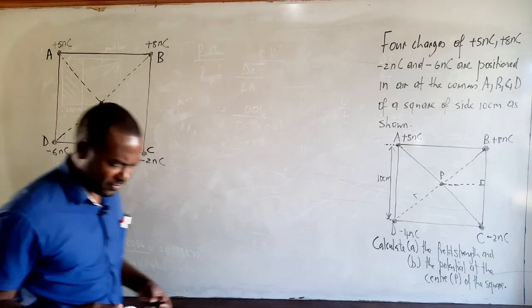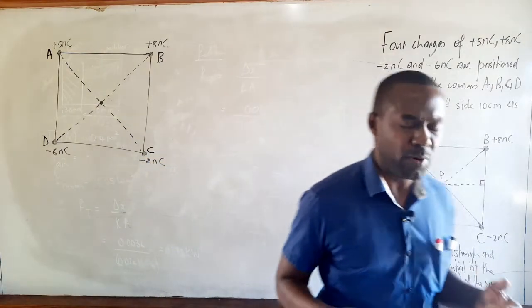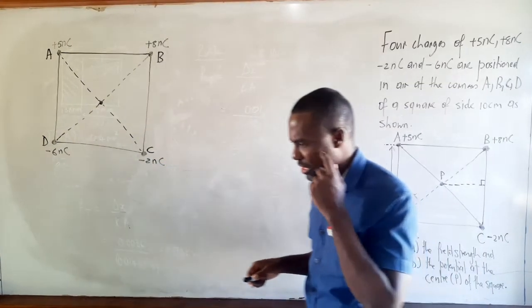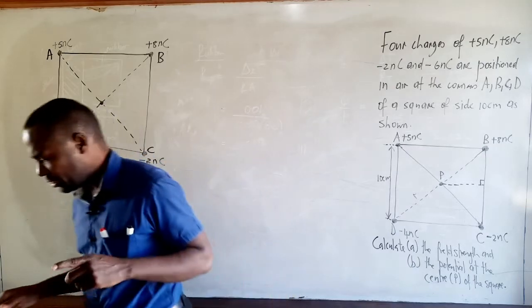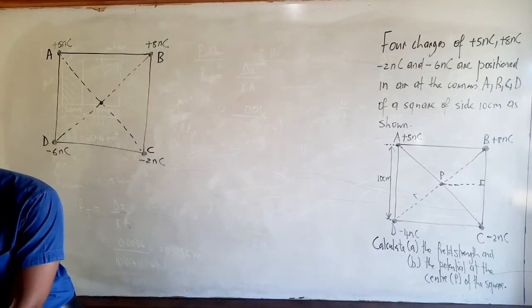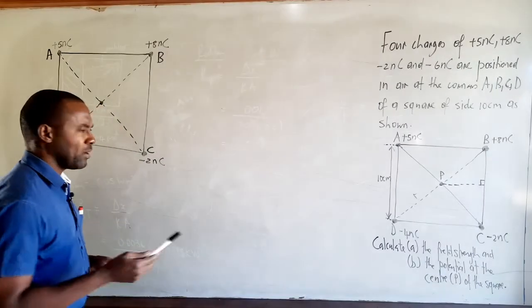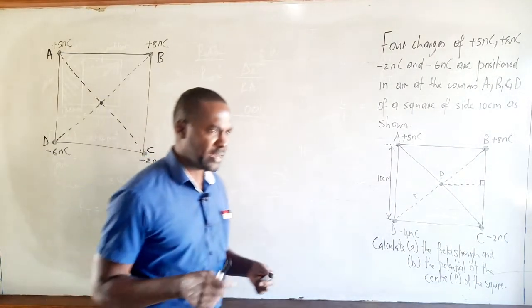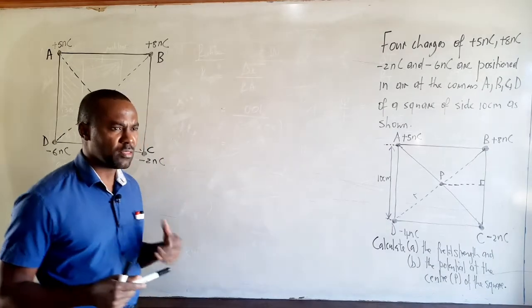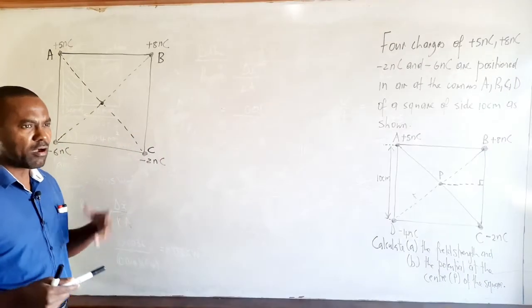Now whenever we want to find the electric field strength at a point due to a few charges, we must place, or imagine placing, a small positive test charge at that point, and then ask ourselves in which direction this charge will move with respect to the other charges.